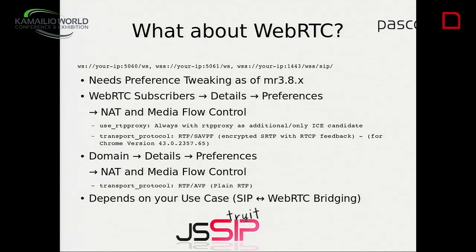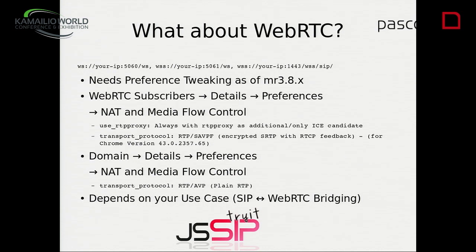This was tested for Chrome version, and it worked. Of course, as I said, it depends on the WebRTC client you are using. You may need to change these two parameters.